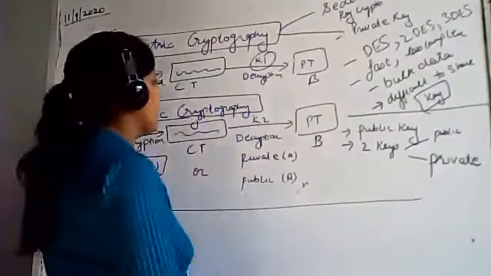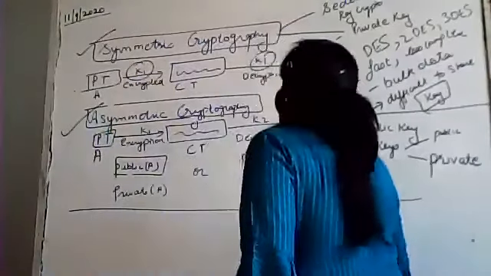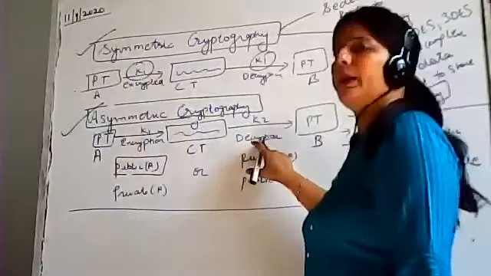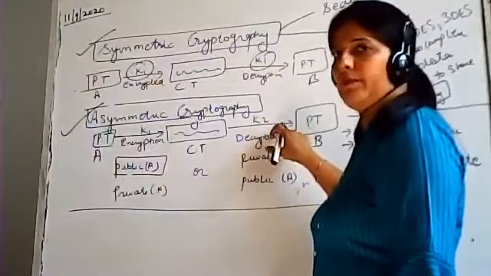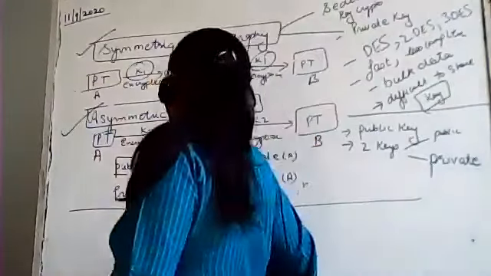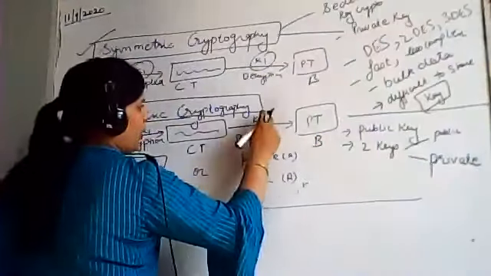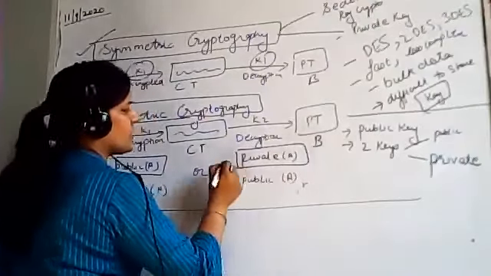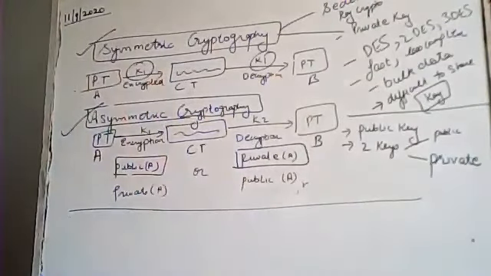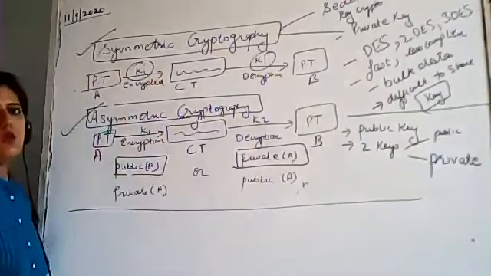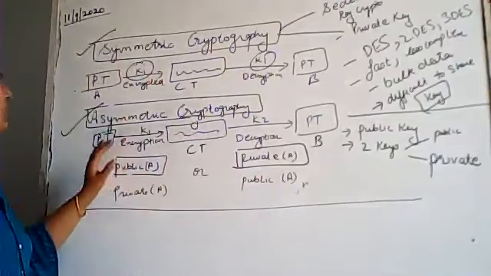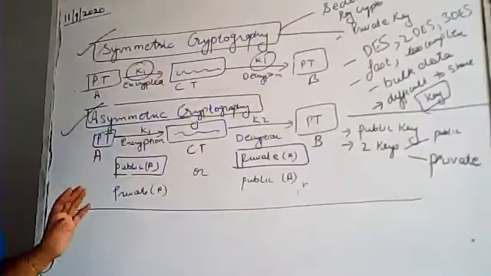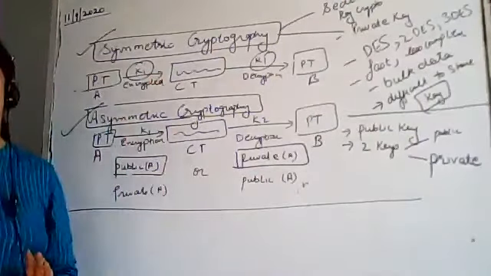Now at the receiver end, receiver B will decrypt that message with the help of a key 2. And what type of key will it use? It will use the private key of A. So always remember that if we are using asymmetric cryptography, these keys should not be the same.